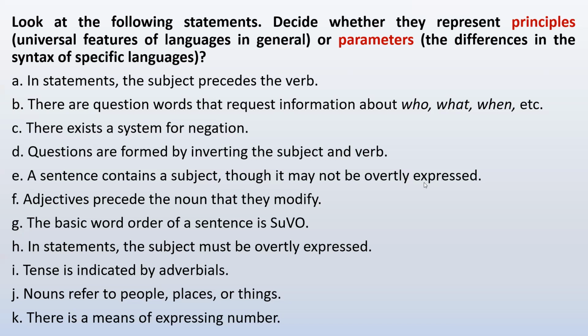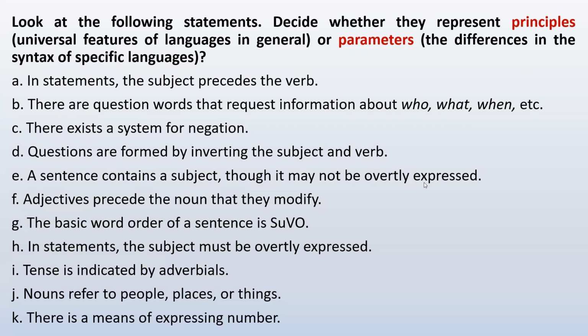So that's a principle. Next one, questions are formed by inverting the subject and verb. Now, you know what inverting means, right? In an affirmative sentence, we start with the subject and the verb and object or whatever comes next.